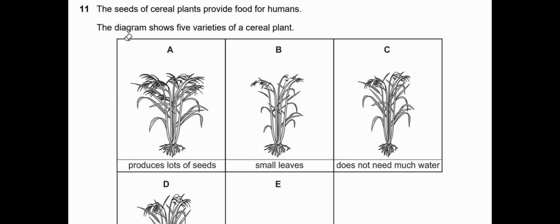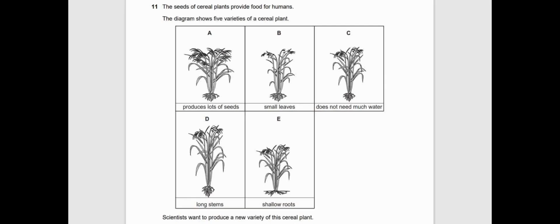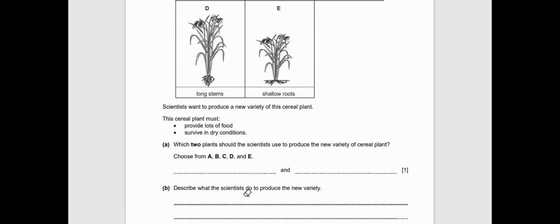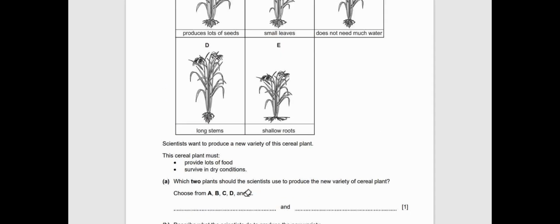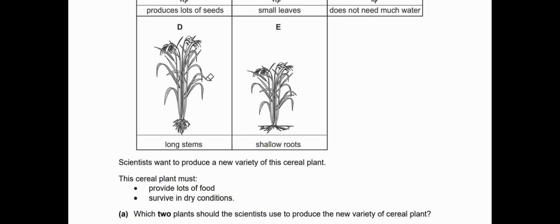Question 11. The seeds of cereal plants provide food for humans. The diagram shows 5 varieties of cereal plant, A, B, C, D, and E. A produces lots of seed, B has small leaves, C does not need much water, D has long stems, E has shallow roots. Question. Scientists want to produce a new variety of these cereal plants.